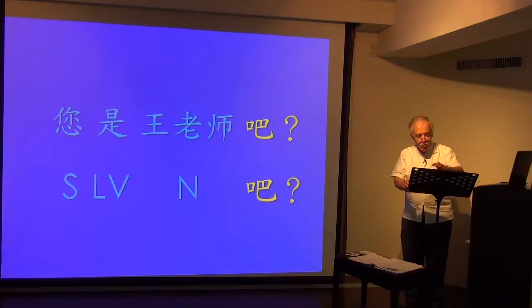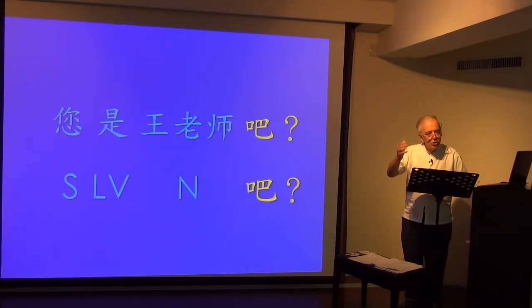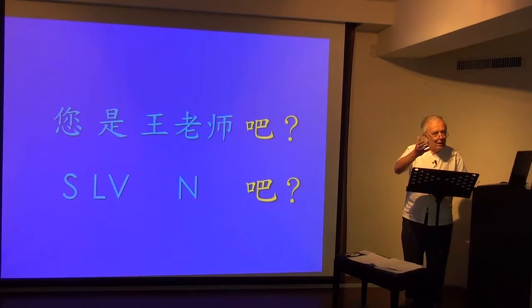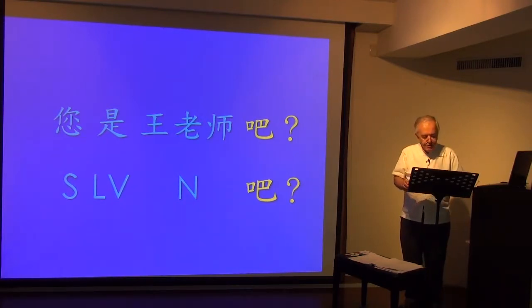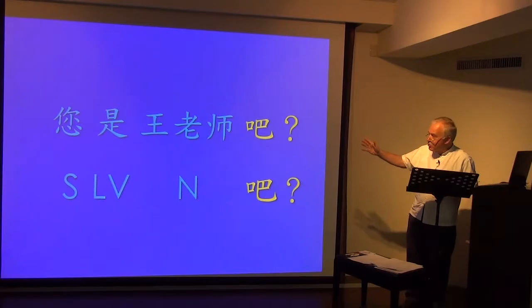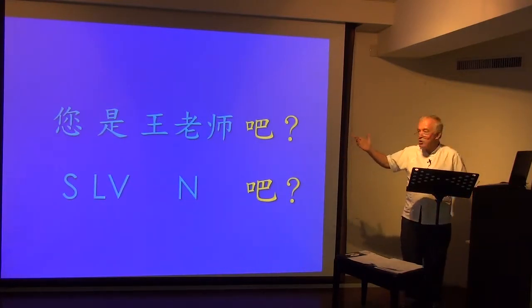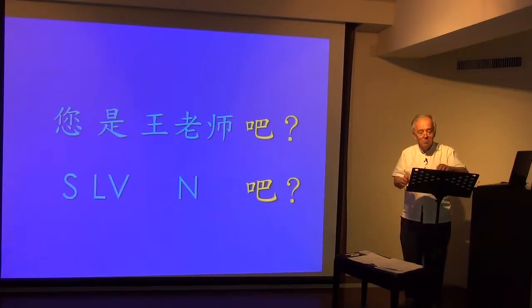Tag questions are used when the questioner makes a statement with which he assumes, he presumes, the listener will agree. You're Mr. Smith, aren't you? I'm assuming he's going to agree that he is Mr. Smith. You're probably very busy at the moment, aren't you? I'm assuming you're going to agree with me. And Chinese does this using ba. I'm pretty certain this person must be Wang Lao Shi. So I say, 您是王老师吧?